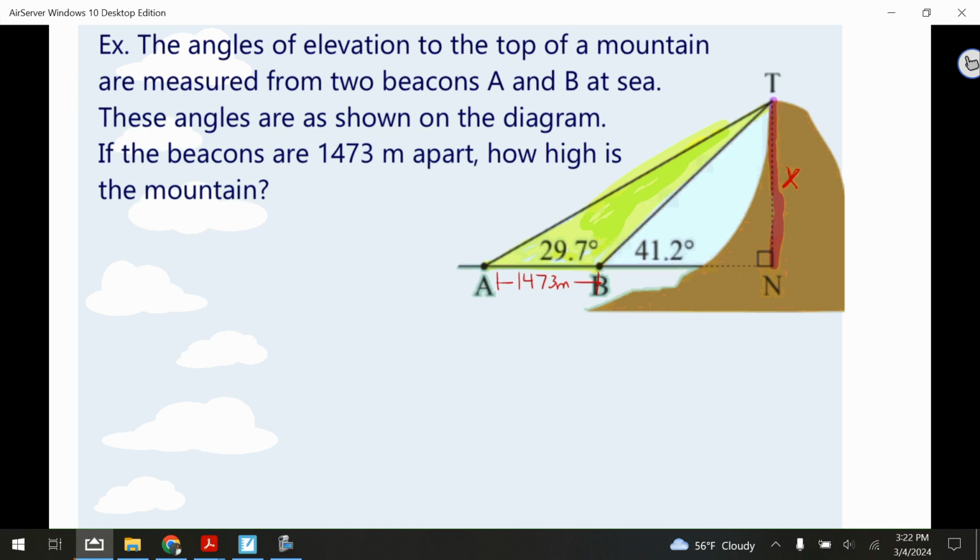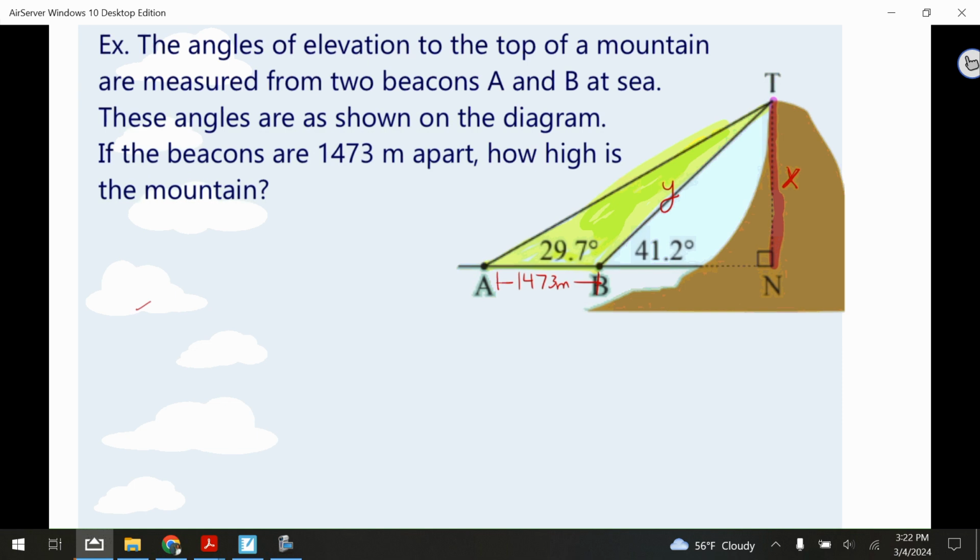So it would be good for me to at least know, let's say, the hypotenuse right here. I can solve for that using my right triangle trig, my SOHCAHTOA. But in order to find that, let me label that as Y. I'm going to have to use some non-right triangle trig on that yellow triangle, the one I've highlighted.